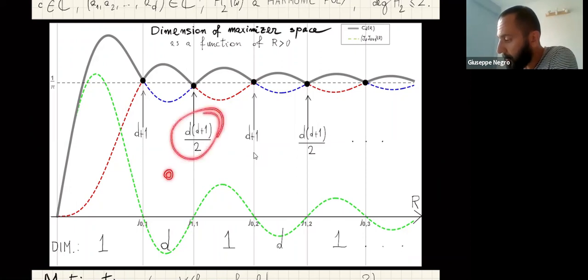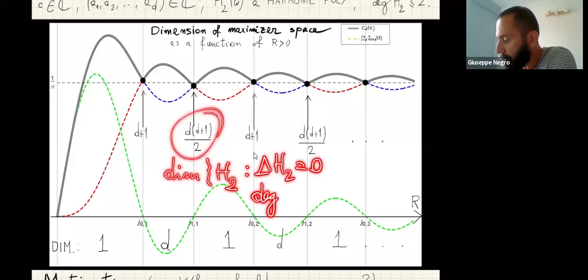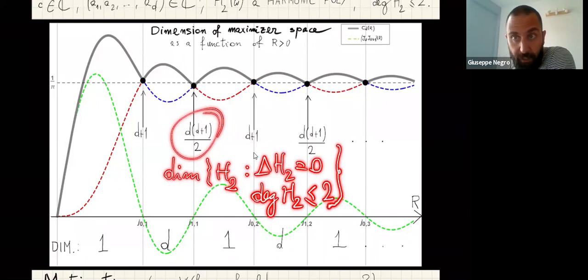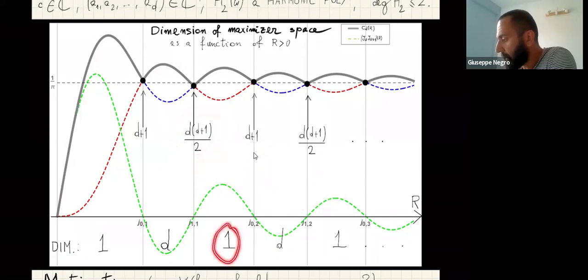This is the dimension of the space, I called it H2, of harmonic polynomials of degree at most 2. You can compute it, it's not hard. You just subtract 1 from the dimension of the space of all polynomials in d dimensions of degree 2. And then again 1, and then d plus 1, and so on and so forth.